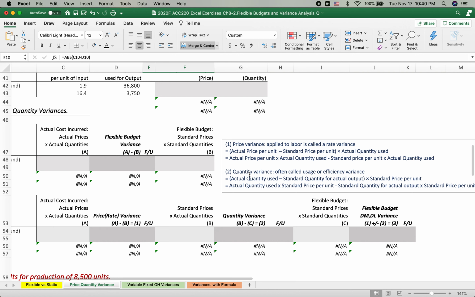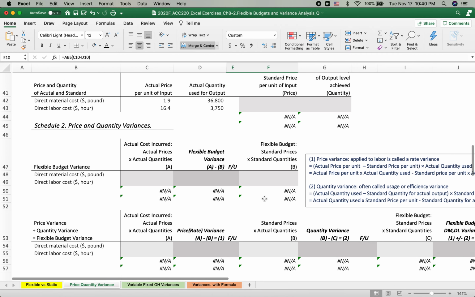When we measure the quantity variance, also called the usage or efficiency variance, we compare the actual quantity used minus the standard quantity for actual output, times the standard price per unit. We expect the standard price. Let's fix this standard price, then compare this actual quantity level and this standard level in the flexible budget.